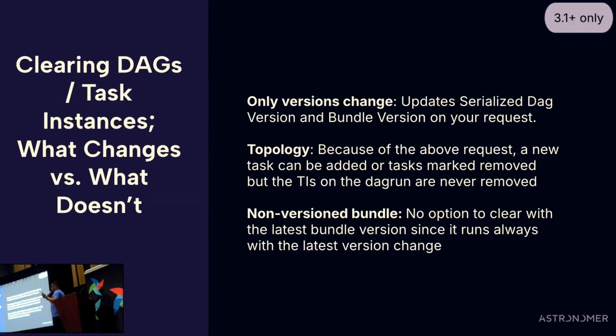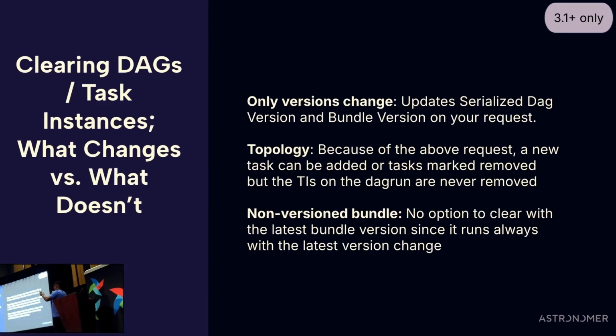But the topology doesn't really change that much. When you clear and you have 3 tasks, but the new version you have is more than 3 tasks, a task will be added.